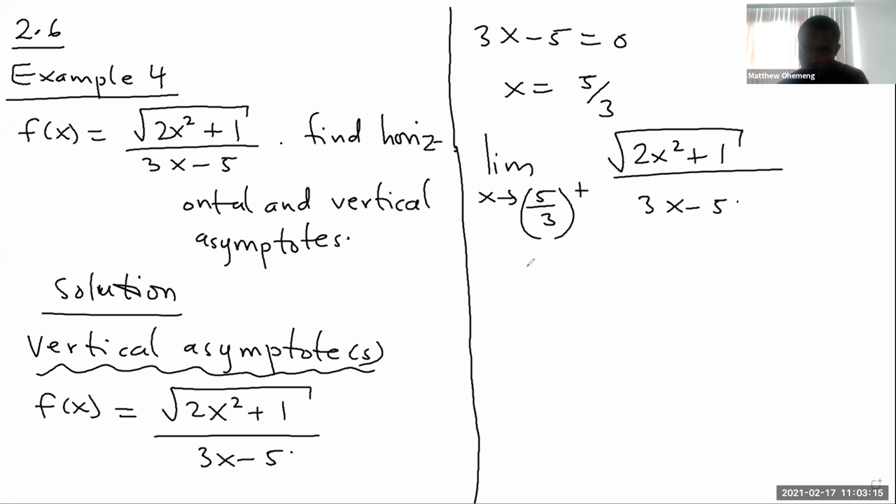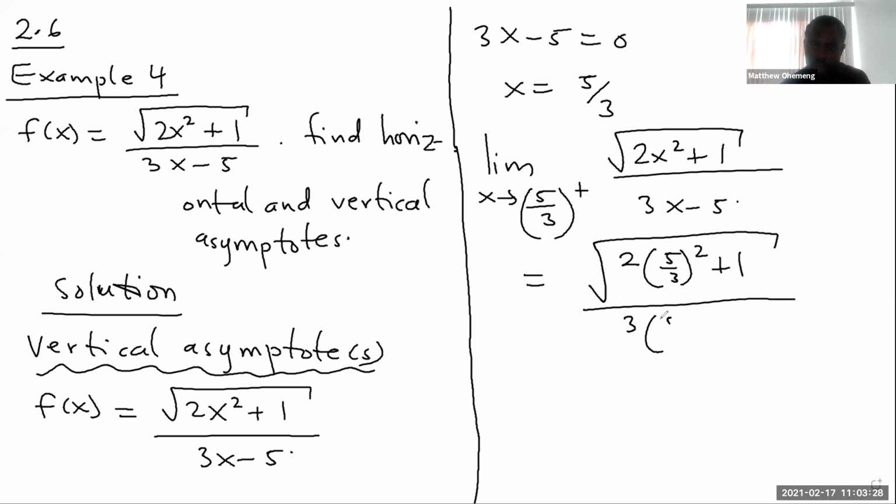We get the square root of 2 times 5 over 3 all squared, plus 1, all over 5 over 3 times 3, minus 5. This gives us 25 over 9, so 50 over 9, and that's 59 over 9, so something like the square root of 59 over 9, all over 0. When you plug in, this is what you're getting.